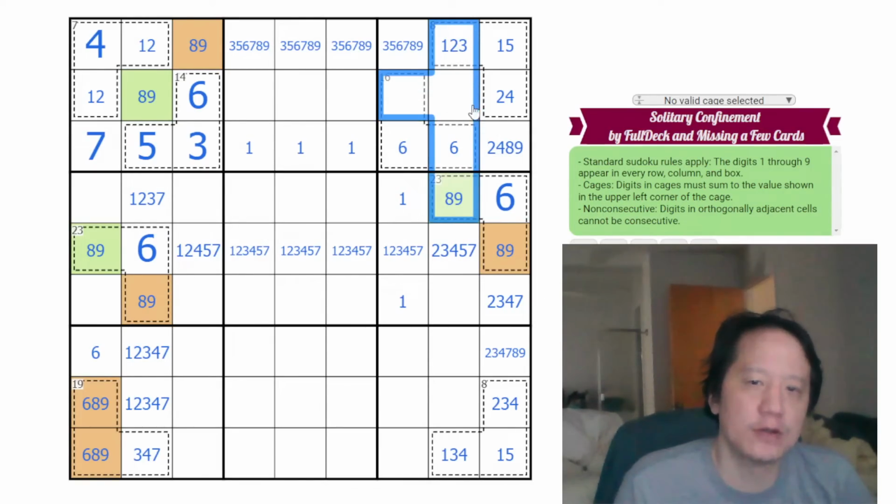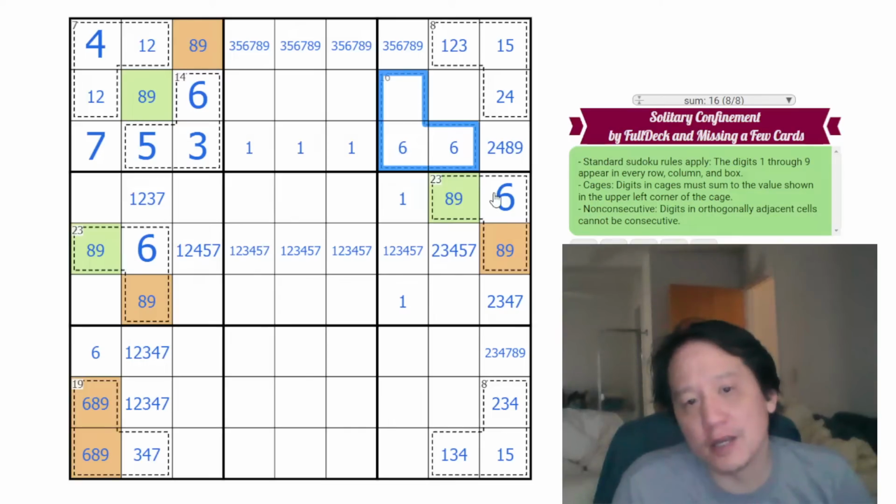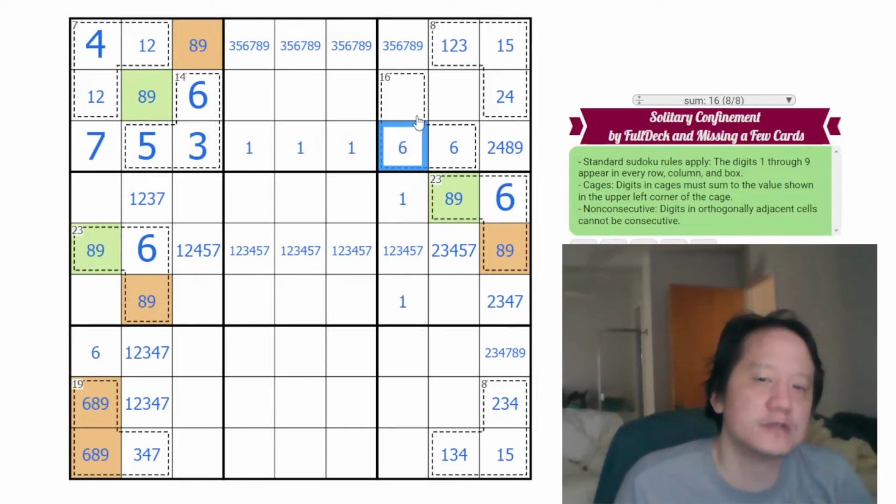Green cannot be here or here or here. So green is in here, here, or here. They both cannot be here, right? So if green is here, that has to be orange. Green and orange can never be next to each other, interestingly enough.